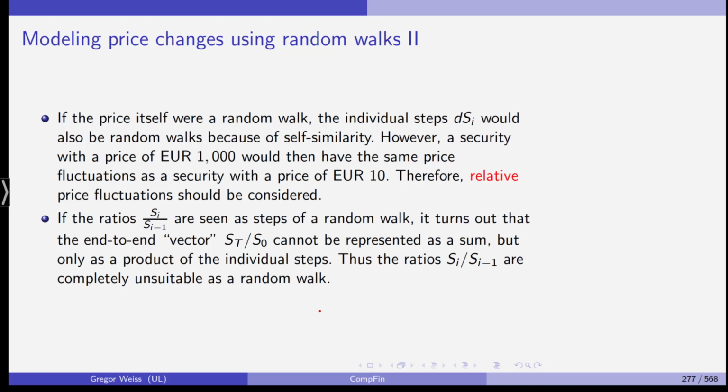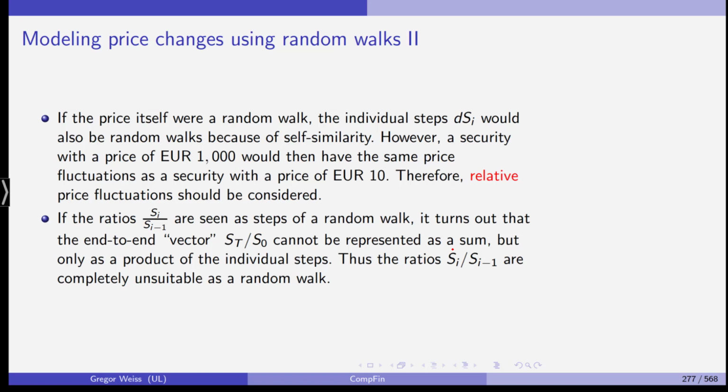relative price fluctuations. Now, one could think of discrete returns being the relative price fluctuations. So we could think about using Si divided by Si minus 1. So these could be the steps of the random walk. However, it then turns out that the end-to-end vector, if you want to call it this way, S capital T divided by S0, cannot be represented as a sum, but only as a product of the individual steps.